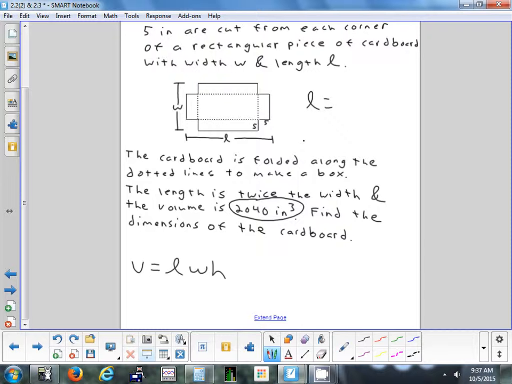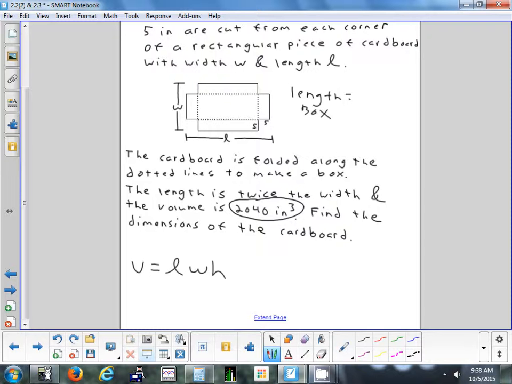How would you write it in terms of the numbers we have here? What is my length? Let me write it out so we can see it. Length is 2 times the width. The length of the original piece of cardboard is 2 times the width. Well, let's find the length of my box after I fold it up.